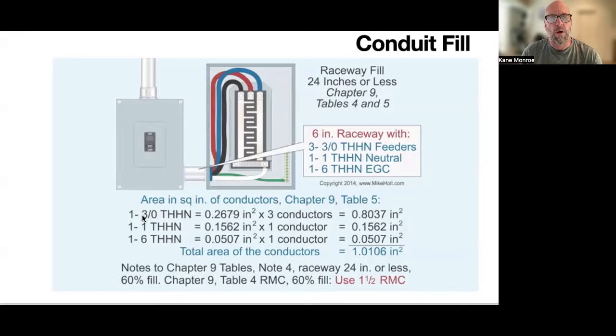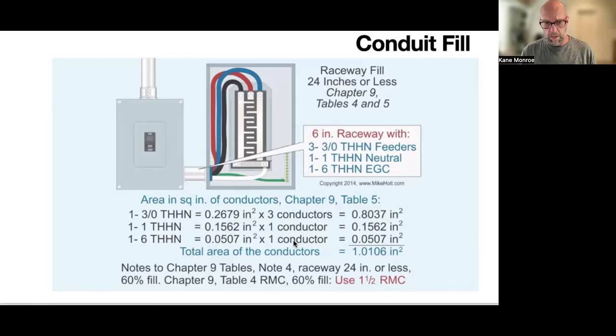So you find 3/0 THHN, it has a square inches of 0.267, 1 THHN is 0.1562, and 6 THHN is 0.0507. We have 3 conductors of 3/0, so we multiply this times 3.